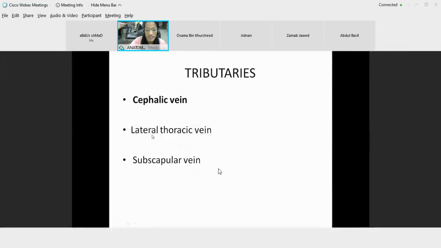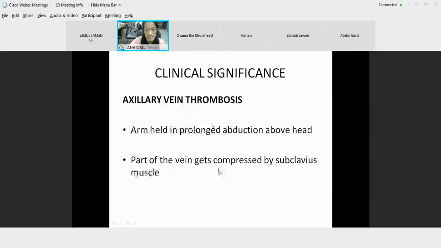We have already learned lateral thoracic artery is a branch of second part of axillary artery and subscapular artery is a branch of third part of axillary artery. So these veins are corresponding to the branches of the axillary artery. These are the tributaries of axillary vein: cephalic vein, lateral thoracic vein, and subscapular vein. Cephalic vein is the most important vein which is draining into axillary vein.